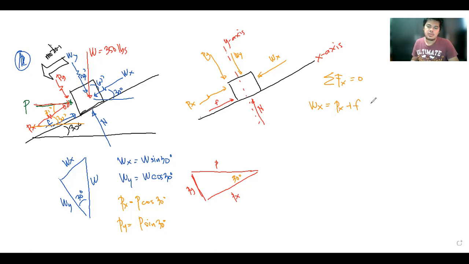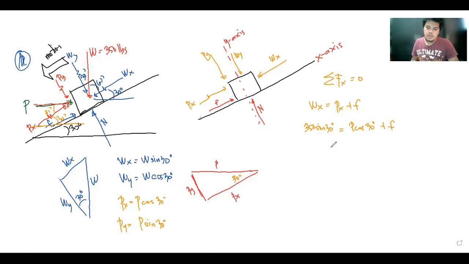So Wx equals Px plus F. So this would be 350 sine of 30. That is Px, so P cosine of 30, plus the coefficient of friction times the normal force.